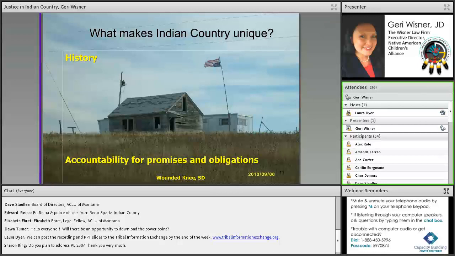The other promise and obligation, this is something that happened in Oklahoma when the 5 tribes were originally sent to Oklahoma. If we think about the United States, there were indigenous people all throughout the United States. So when the U.S. government took the 5 tribes and put them in Oklahoma, they were basically putting them on top of indigenous people who were already in Oklahoma.